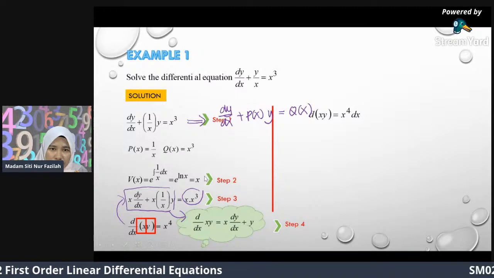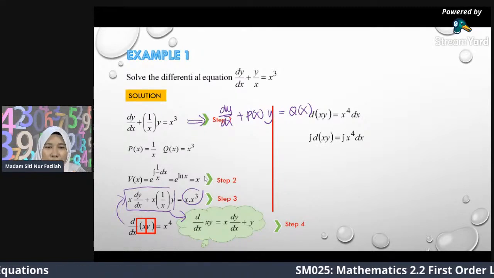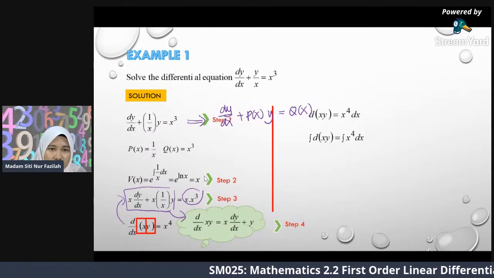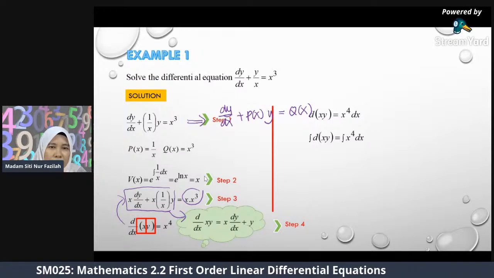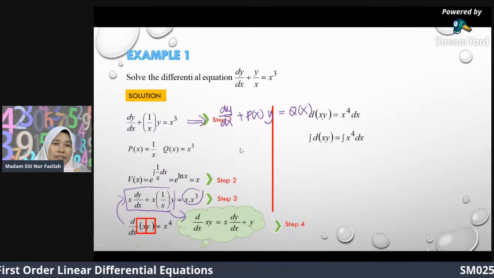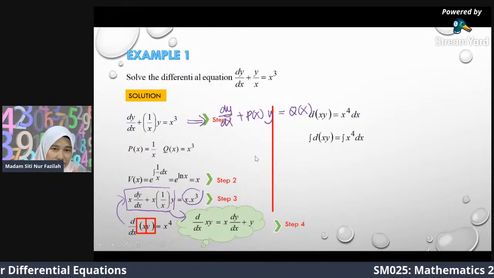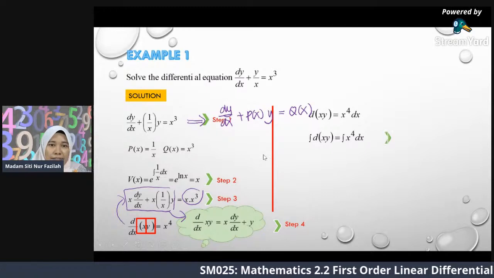And then we integrate both sides. As step 5, we integrate d(xy) equal to integrate x to the power of 4 dx. On the left side, the integration is xy.